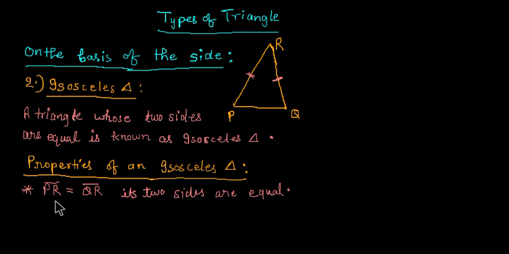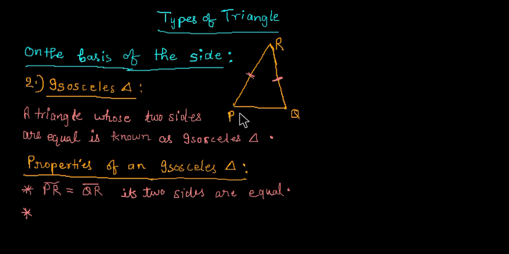Now let's discuss another property that is very similar to the property of the equilateral triangle, but here is some difference. If we draw a perpendicular from the vertex R on its opposite side, it will divide PQ, its opposite side, into two equal parts.